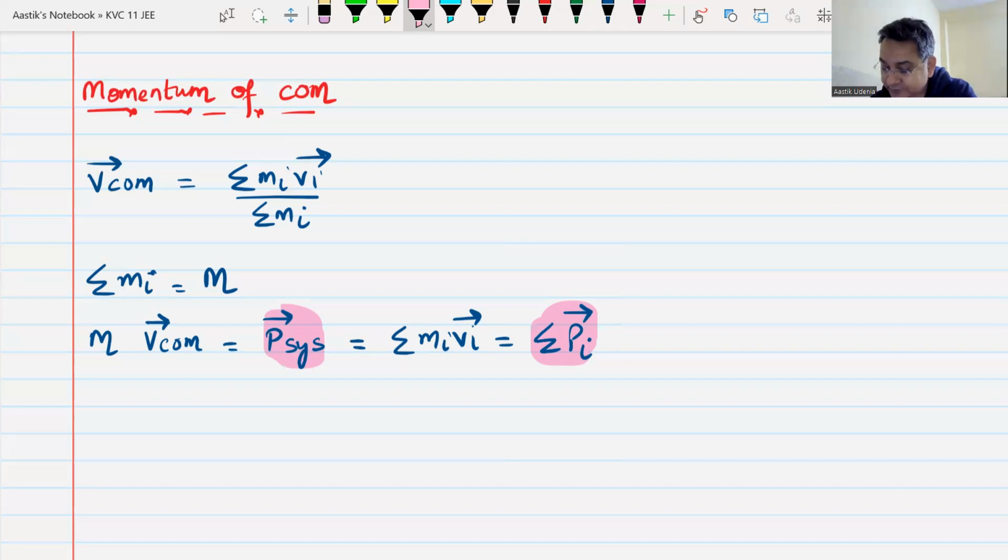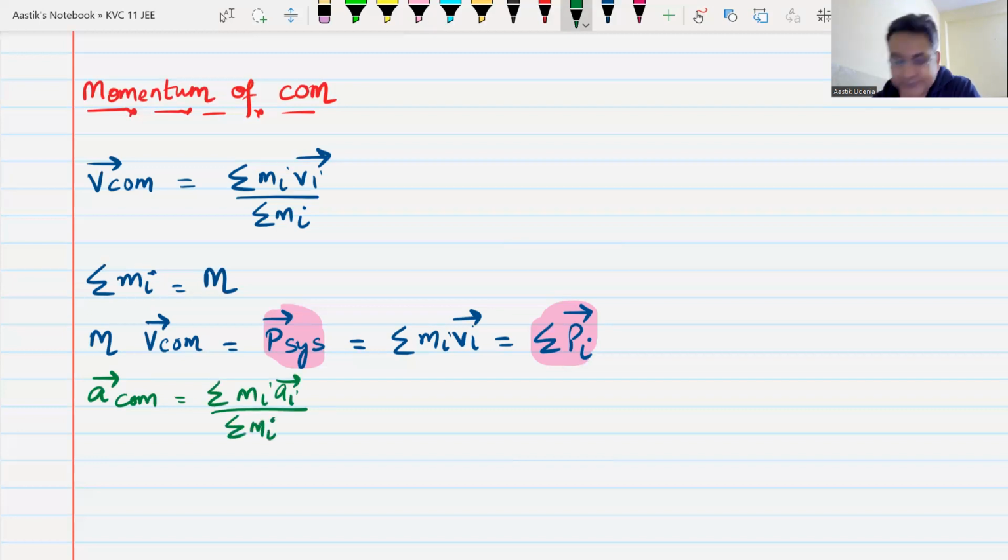Now, you've already seen that, differentiate this equation once more, and I get the acceleration of the center of mass, which is summation of mi ai vector divided by summation of mi. Yes or no?